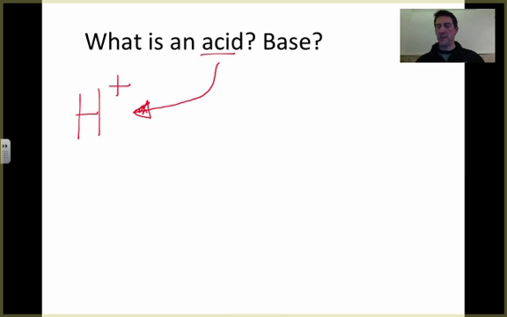We'll get to bases a little more later on, but just so you know, a base is actually a hydroxide ion, which is an oxygen and a hydrogen together that has gained an extra electron. So the more hydroxide ions we have in a solution, the more basic that solution is.